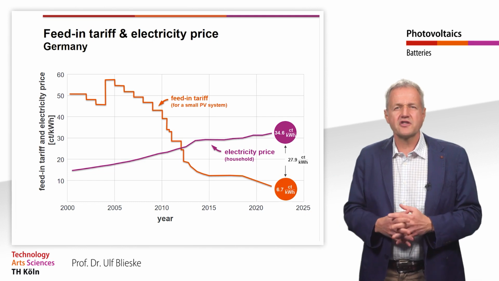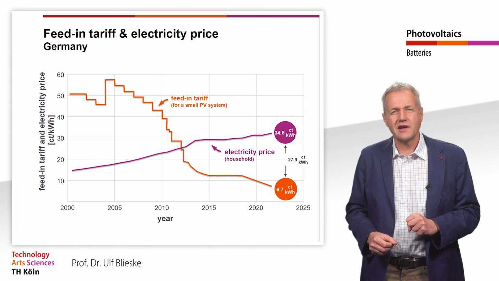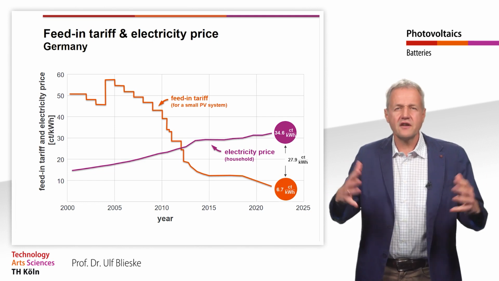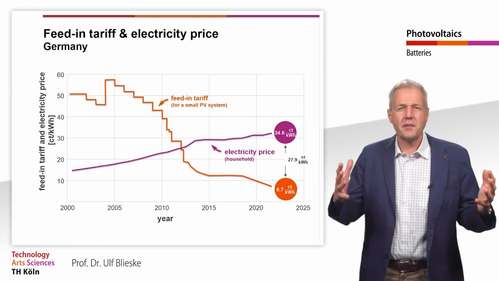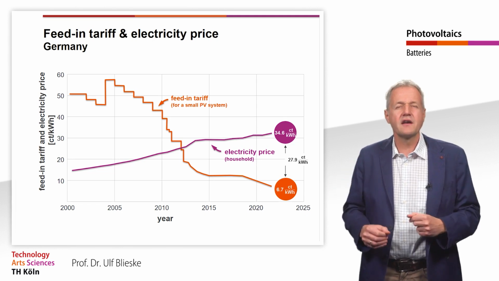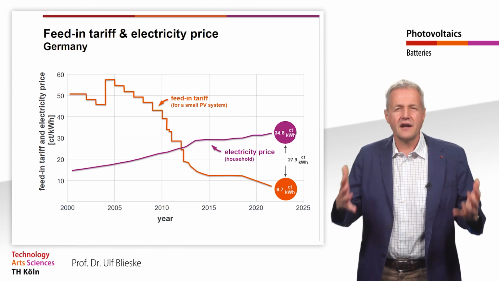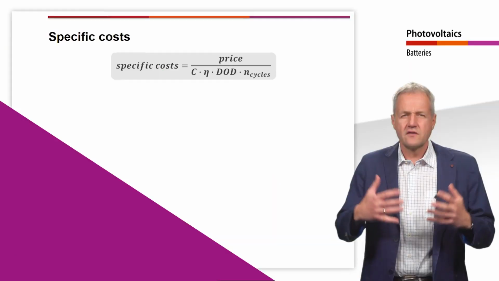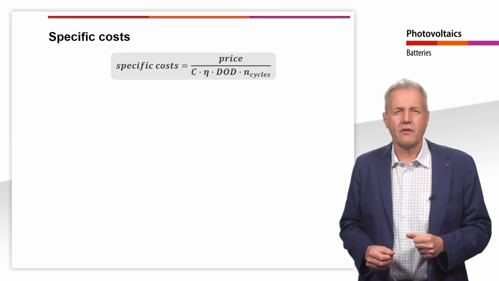The electricity purchase price, on the other hand, is 34.6 cents per kilowatt hour. That is a difference of 27.9 cents per kilowatt hour. Hence, the battery storage will only be economic if a stored kilowatt hour is cheaper than 27.9 cents per kilowatt hour. So let's try to roughly calculate the cost of one stored kilowatt hour.